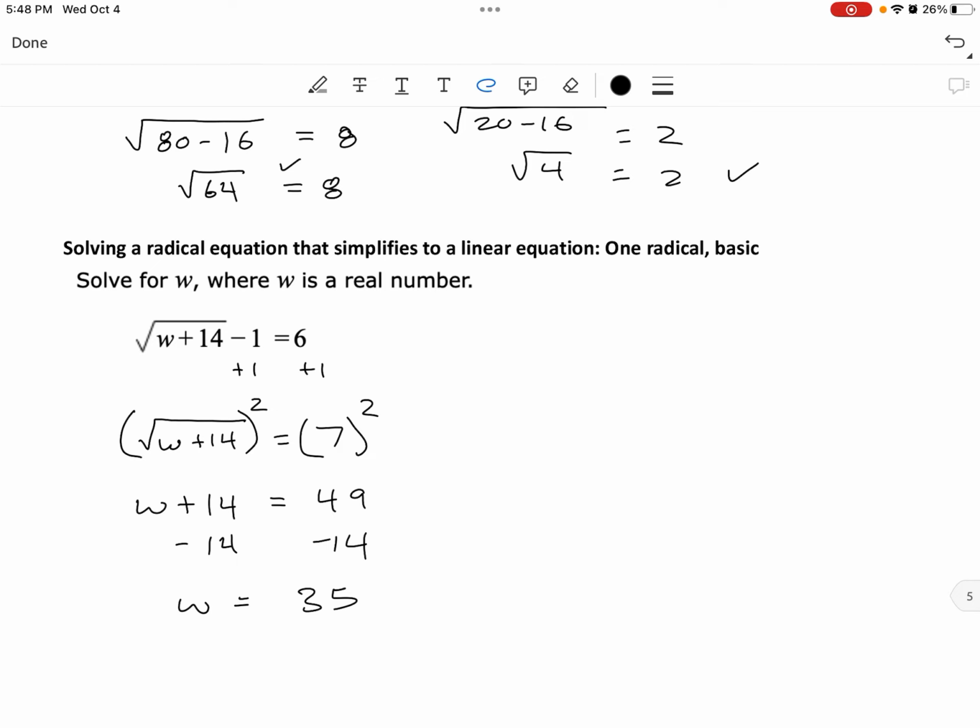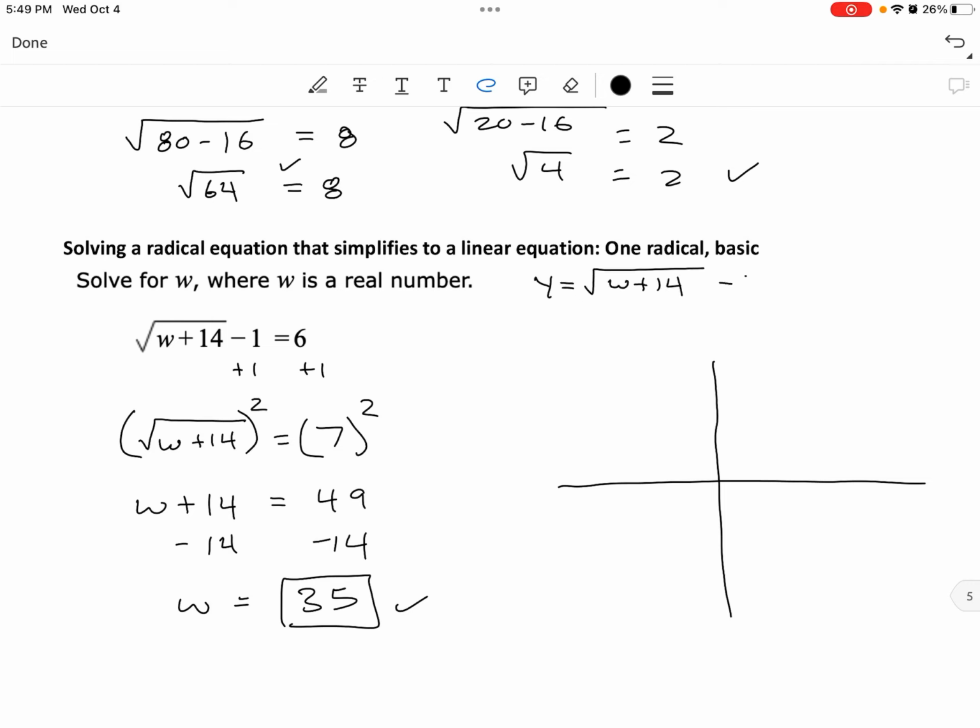And again, you can plug that in and check your answer, but that's something that I did ahead of time, and it does work. Again, if you were checking your answer like in Desmos, graph the equation y is equal to the square root of w plus 14 minus 1. And what that would look like is something like this.